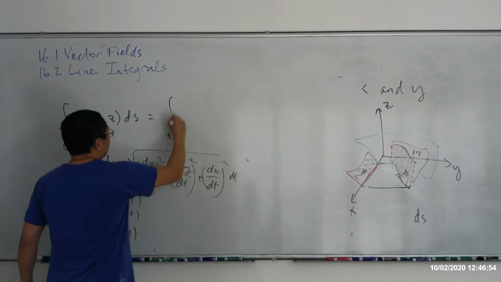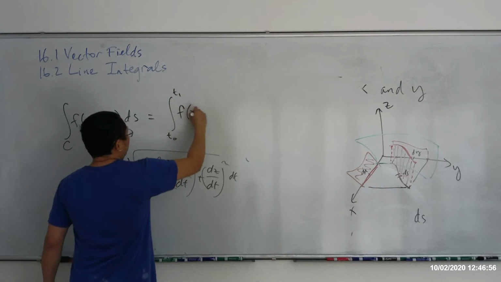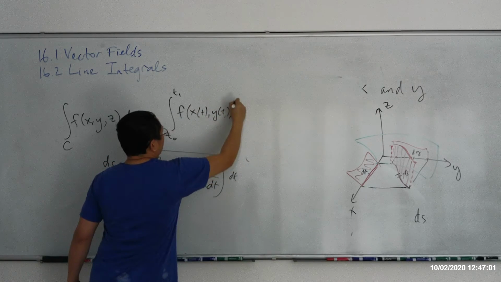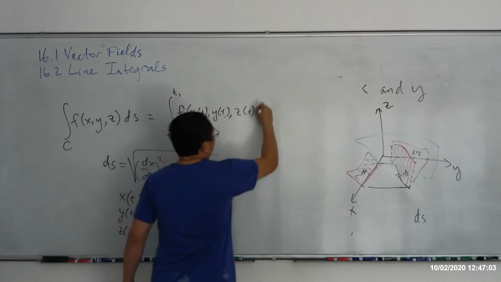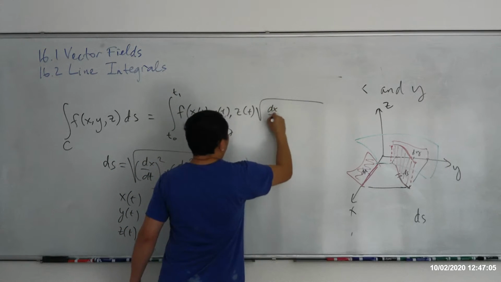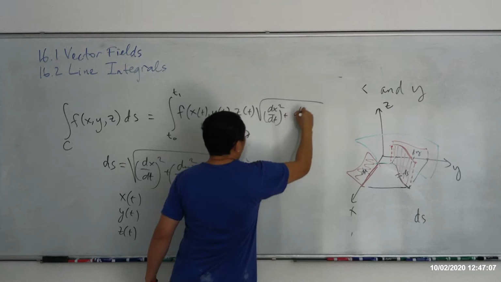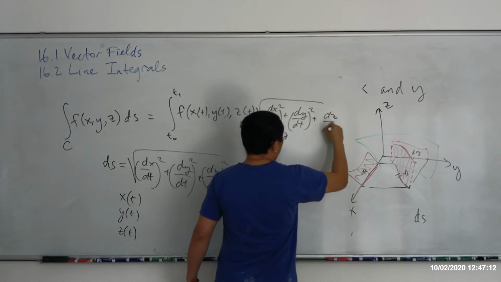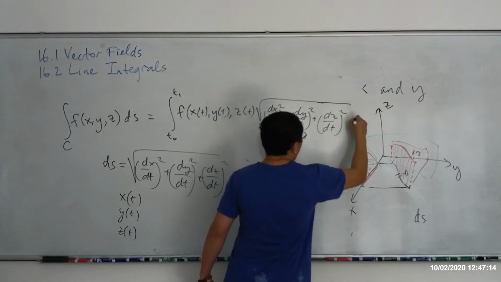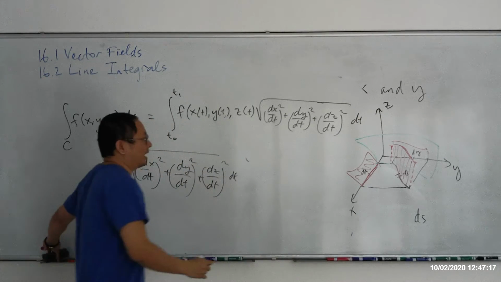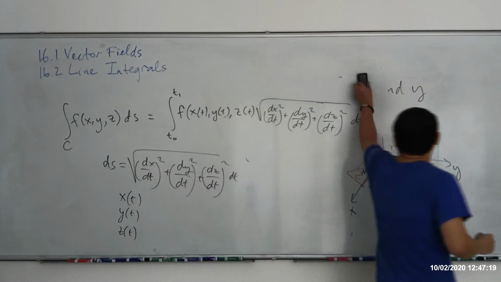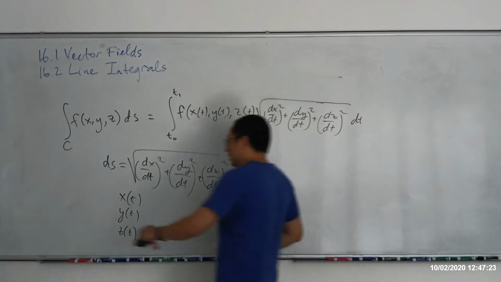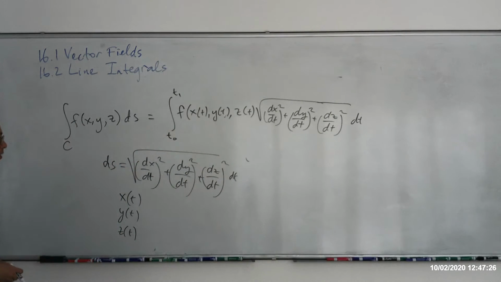Integral from t0 to t1 of f of x(t), y(t), and z(t), times the square root of (dx/dt)^2, (dy/dt)^2, (dz/dt)^2, dt. Again, I cannot draw it out anymore, but it is very similar to the two-dimensional line integral that you had before. Just add one more variable.